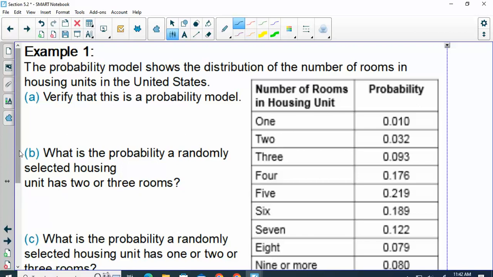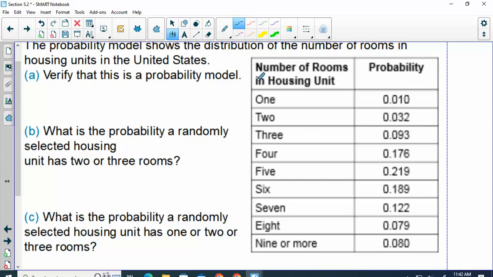So let's take a look at this one. We have a probability model that shows the distribution of the number of rooms in housing units in the United States. So here's the number of rooms they might have and the probability. Verify it's a probability model. What were the requirements to be a probability model? You have to add to 1, and every probability has to be between 0 and 1.